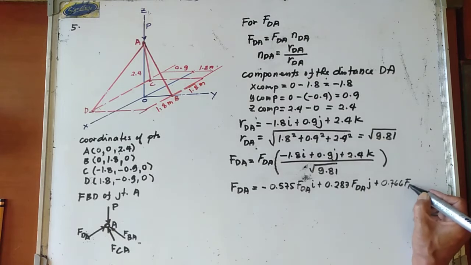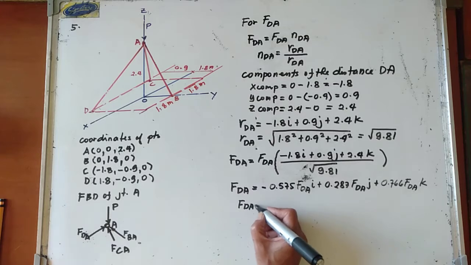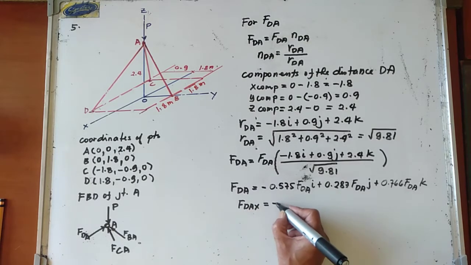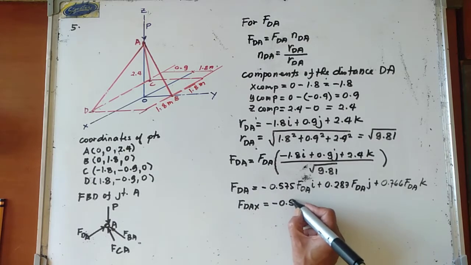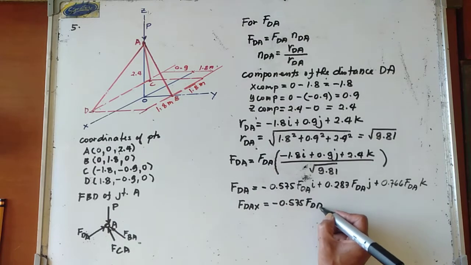Again, in scalar form, your FDAx is equal to negative 0.575 FDA.